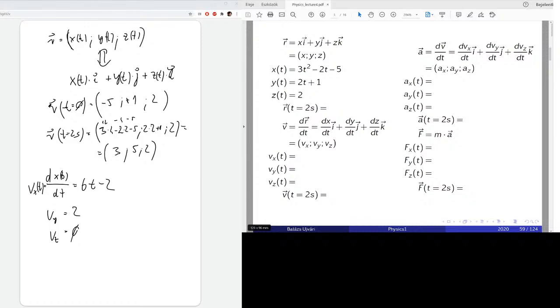So the v, how does it depend on t? V depends on t only in the x projection, the rest is constant. Similarly, for example, we can ask what is the velocity at t equal 2 seconds. It's 6 times 2 is 12 minus 2 is 10, 2, 0.